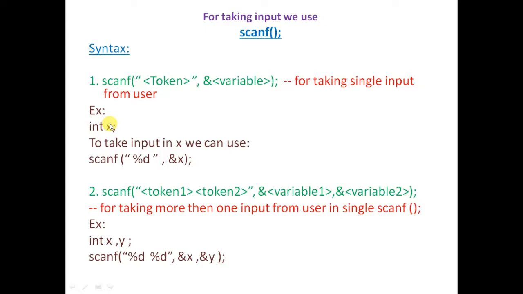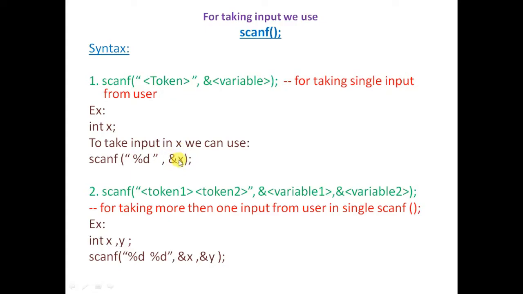When we run the program, this variable x is allocated a memory space, and at that memory space there is an address to identify that particular memory block. You don't actually know which memory block is being assigned to x, so what you directly do is use this operator, the ampersand, which represents the address of the variable.